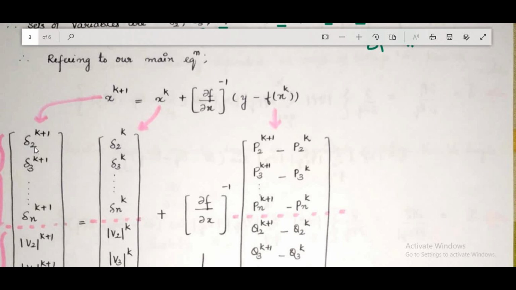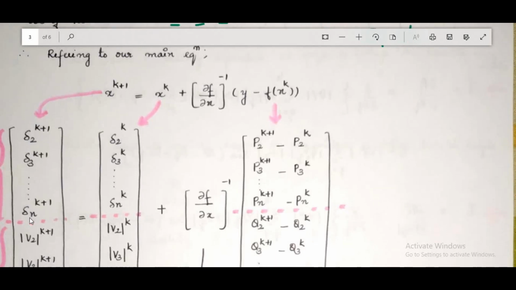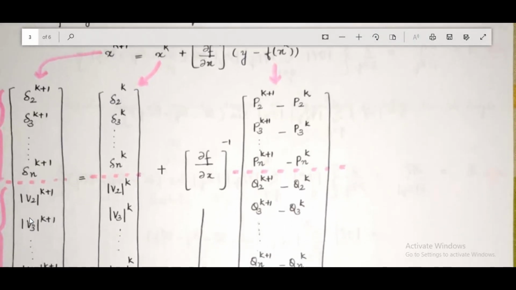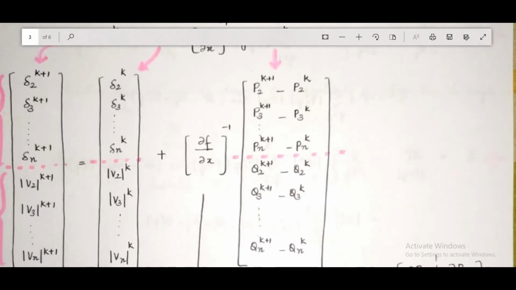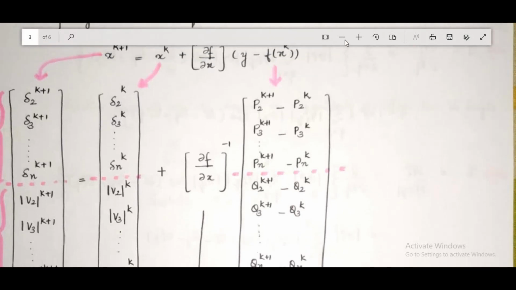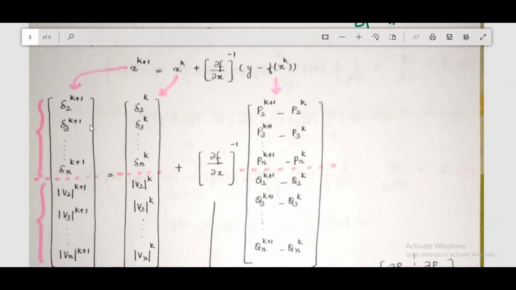So I have delta 2, delta 3 raised to k plus 1, like that, delta n raised to k plus 1. Then I have V2 raised to k plus 1, V3 raised to k plus 1, like that up to Vn raised to k plus 1. This is simple. So this entire thing is actually our x raised to k plus 1.